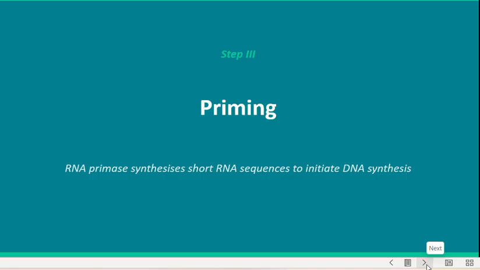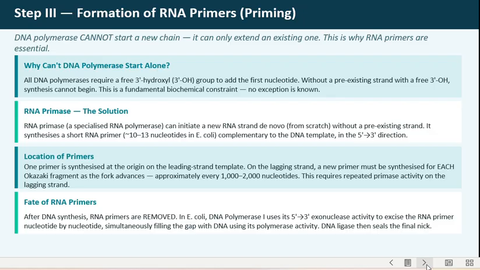Now, most enzymes end with ASE, right? So we know when we say RNA primase, then it's something to do with an enzyme. What does it do? It synthesizes short sequences of RNA that can be used to prime the DNA template so that the DNA polymerase can find somewhere to start from.